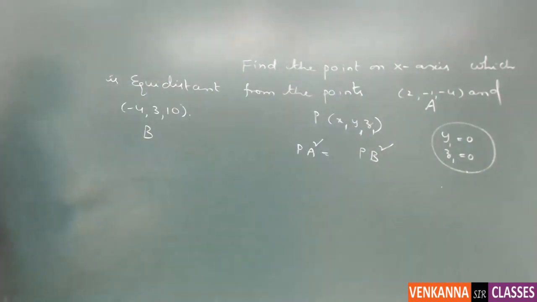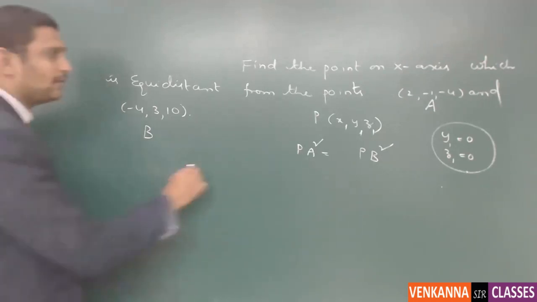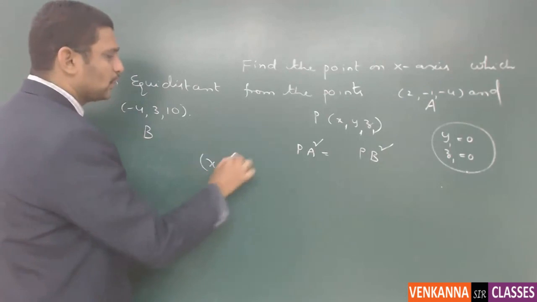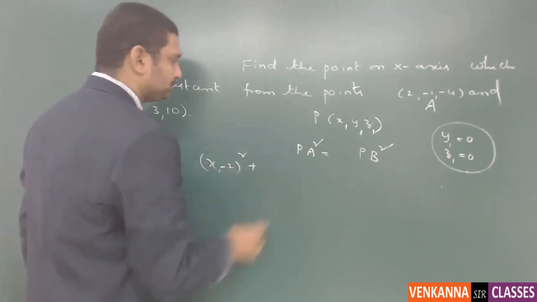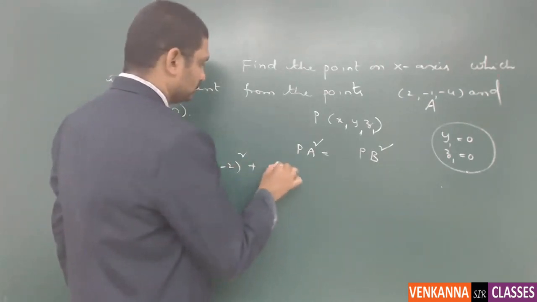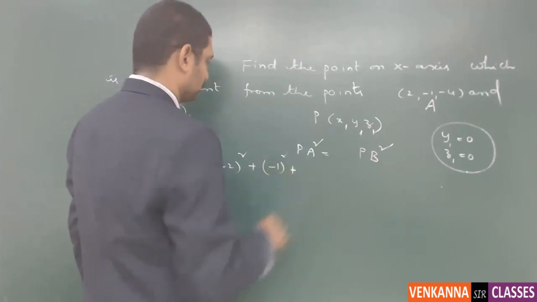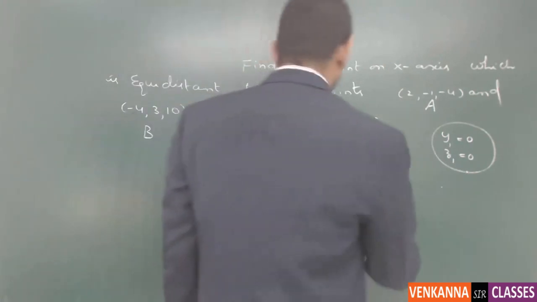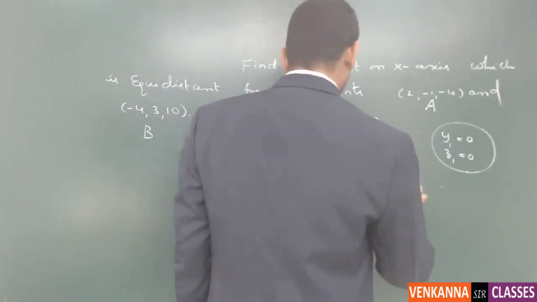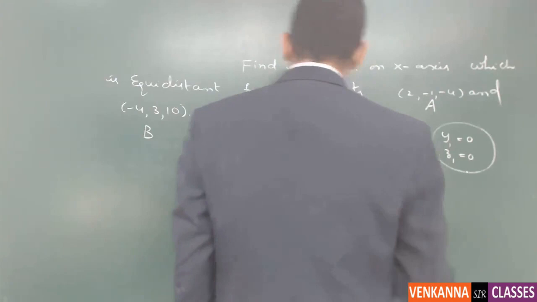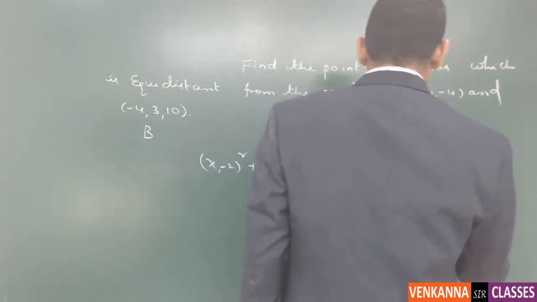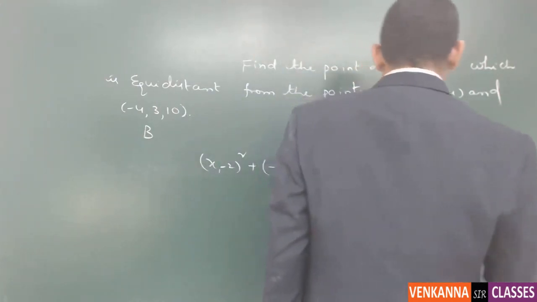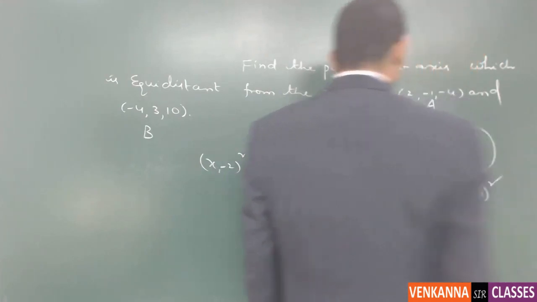So if you apply the distance formula, then you have x1 minus 2 whole square plus accepted.